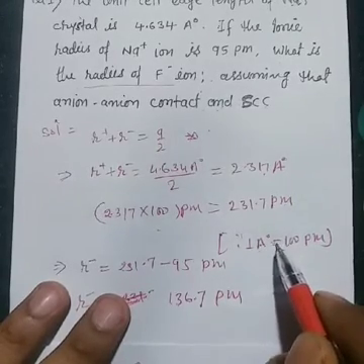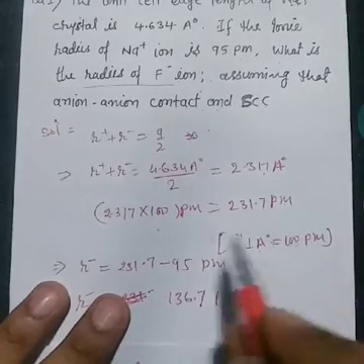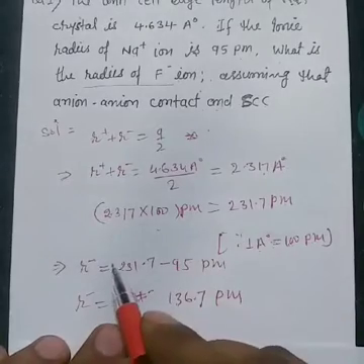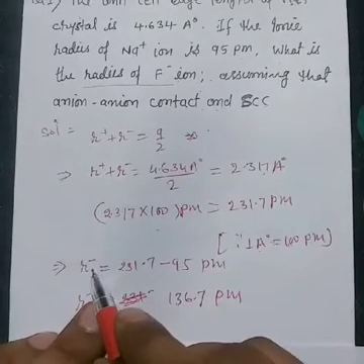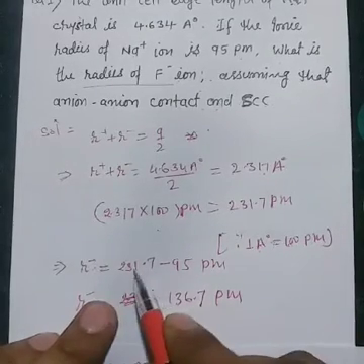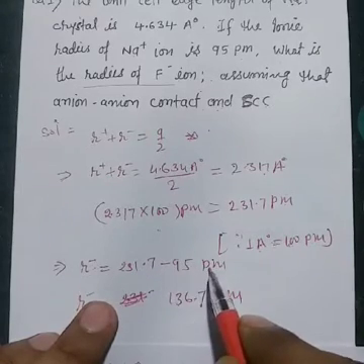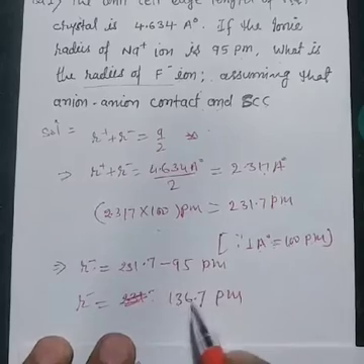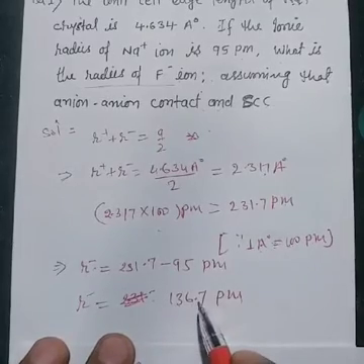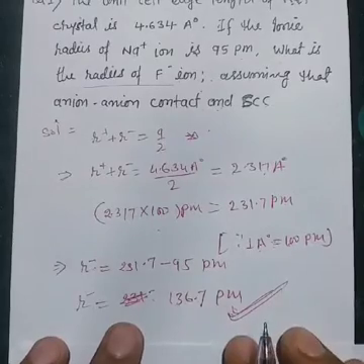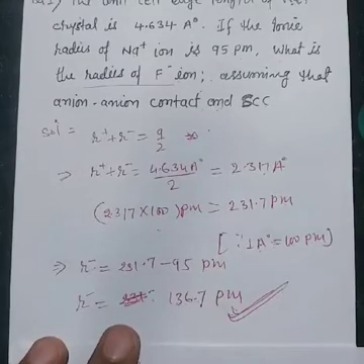One angstrom equals 100 picometer, so I multiply this value by 100. So R negative, that is the fluoride ion, equals 231.7 minus 95 picometer. How much is the answer? 136.7 picometer. So here is the answer. A very simple question, students. Now we move on to the next question.